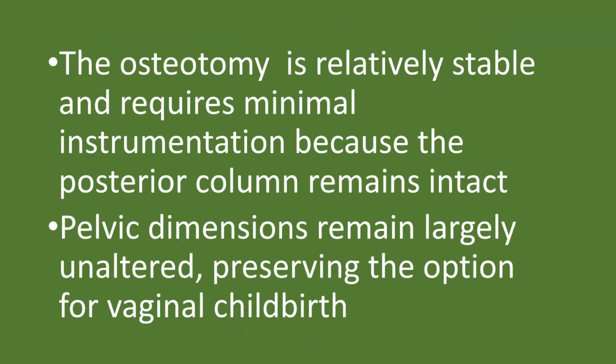The osteotomy is relatively stable and requires minimal instrumentation because the posterior column is intact, as I mentioned repeatedly. Pelvic dimensions remain largely unaltered, preserving the option for vaginal childbirth.